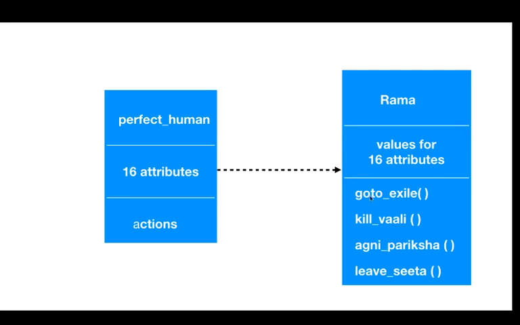Then you take the most important activities in Rama's life and try to explain those activities using these attributes, or in other words, elaborate these functions by using these attributes.